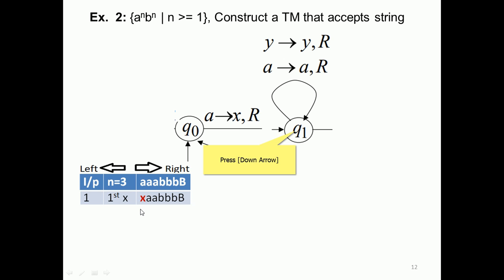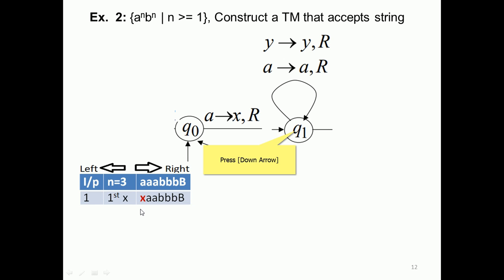That is one possibility. The other possibility is, if we have already done the second, third and fourth iterations, then we will encounter the Y. B will be replaced with Y, just as A was replaced with X. So if we have already done so, then we have to maintain that and move towards the right side.